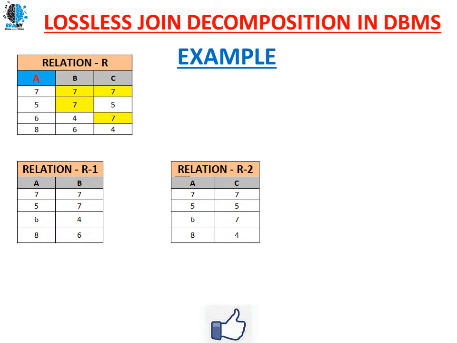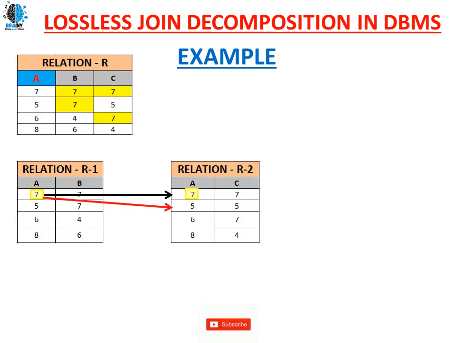So B and C cannot be considered a super key or candidate key of the relation. A is a super key of the relation, so on the basis of A, I'm going to perform the natural join. I have relation 1 and relation 2. Focus only on the A attribute in both relations, having first value 7. This 7 equals 7, right? So I can have the natural join.